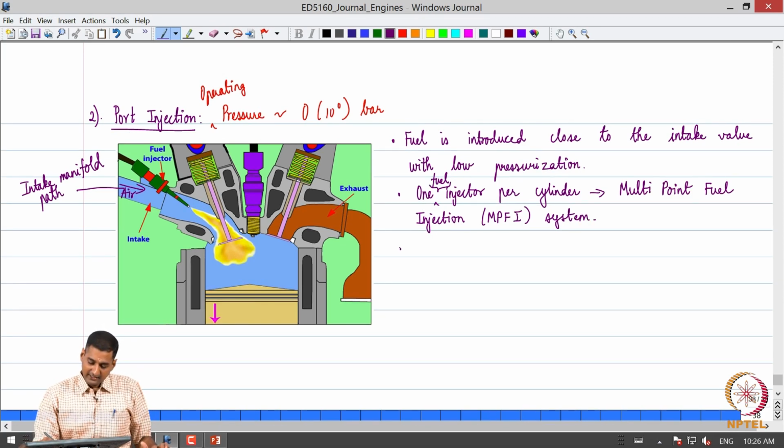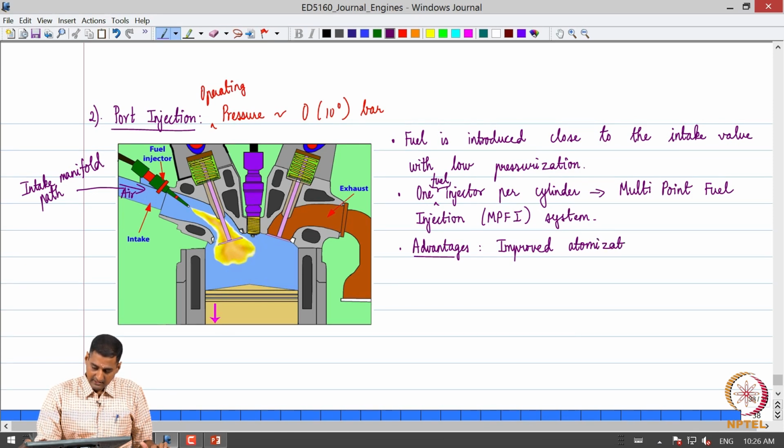So what are the advantages of this port injection? Of course, improved atomization due to higher pressure and vaporization, compared with a carburetor.